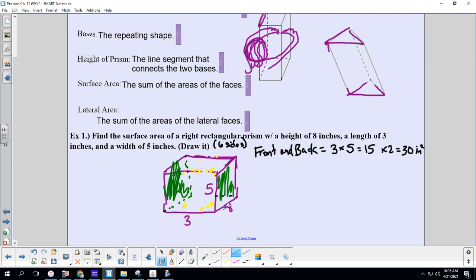So it is 5 times 8, which is 40, and then we're going to times it by 2 because there is one on the right and one on the left. So 40 times 2 is 80. All right, and then let's go ahead and do top and bottom. So here's the top. Here is our bottom.